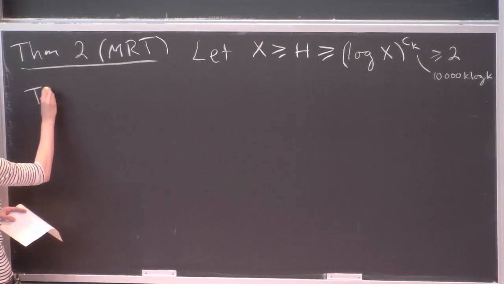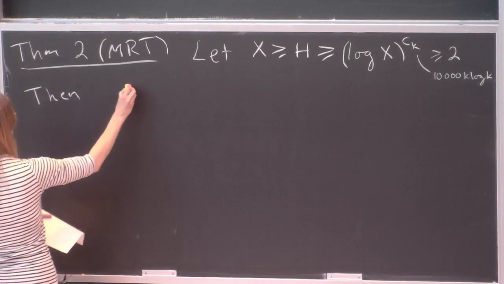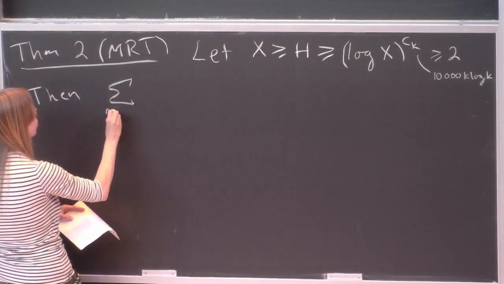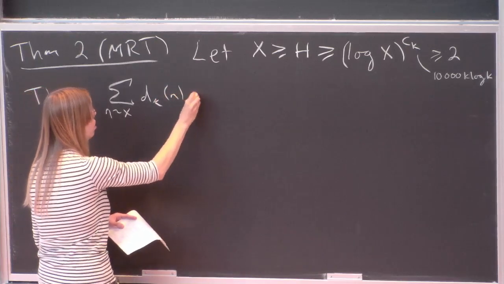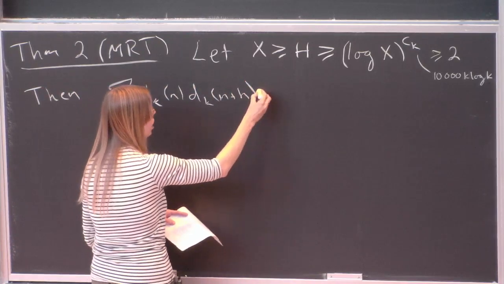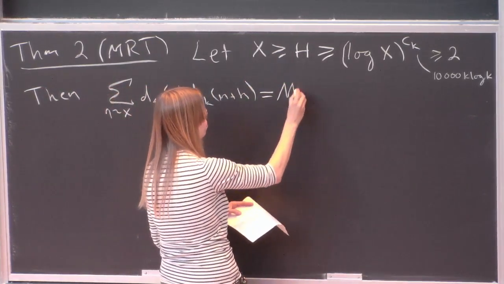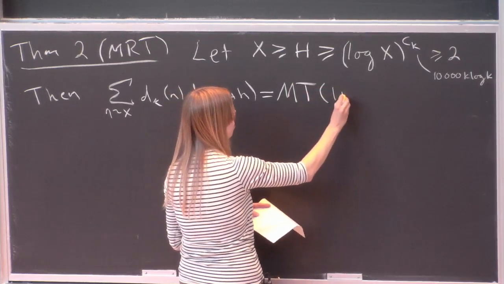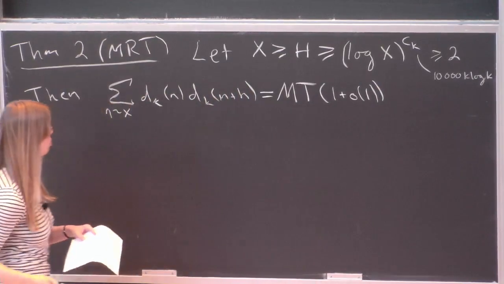Okay, so we get a similar result as there, but for the divisor function. Then the sum of d_k(n) d_k(n+a) equals the main term times 1 plus e to the power of 1. I'm not going to discuss the main term in detail.